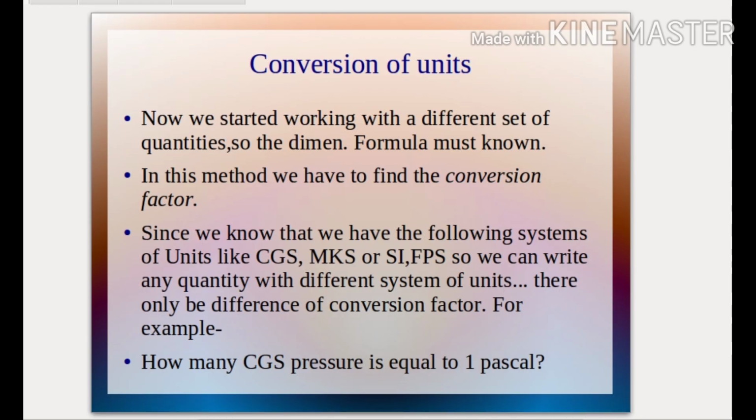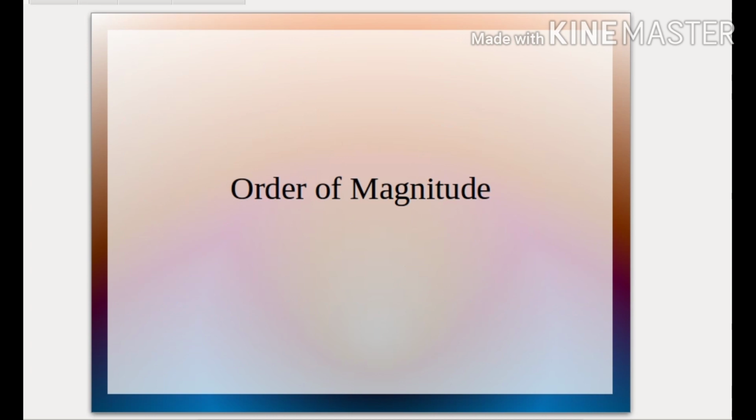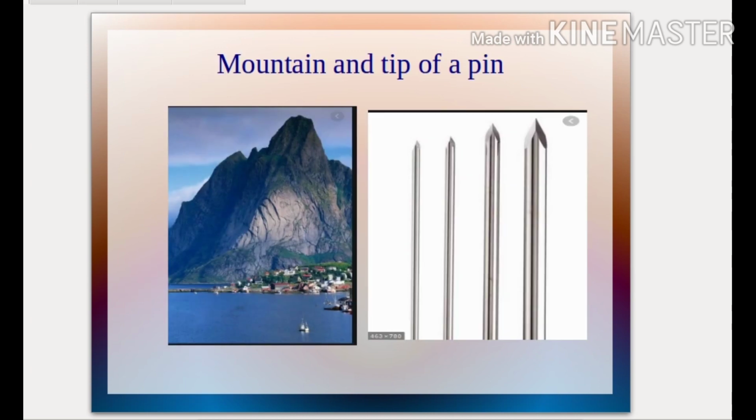We have done conversion of units, so let us move to order of magnitude. Now, to understand order of magnitude, I have some awesome examples for you. The first one is the size of a mountain and the size of the tip of a pin.